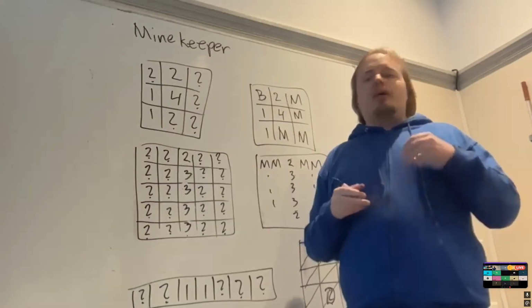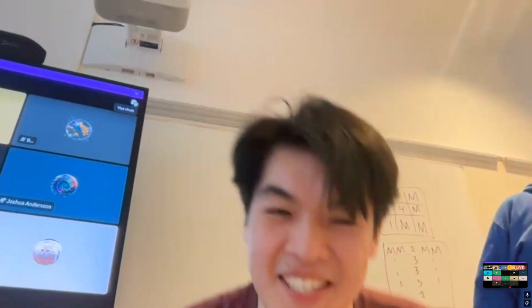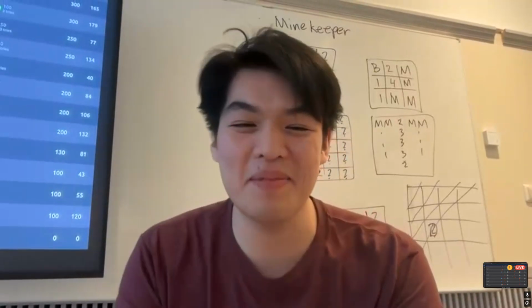Nice. Okay, let's go on with the solution presentation. Yeah, or with a reveal. Yes, solution reveal. So we have this set up, which is the scoreboard reveal. We're gonna scroll up.